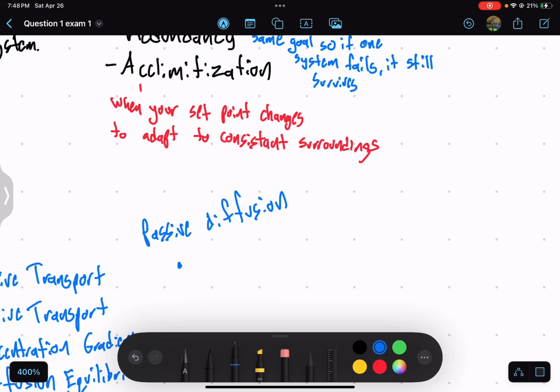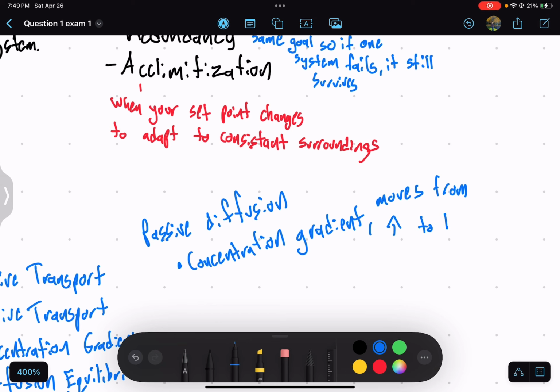Well, it's just the concentration of solutes in one area. The gradient is when it's compared to another area. It moves from high to low.